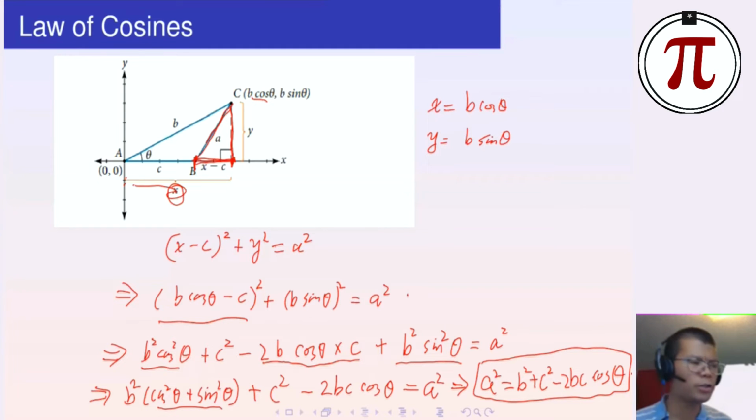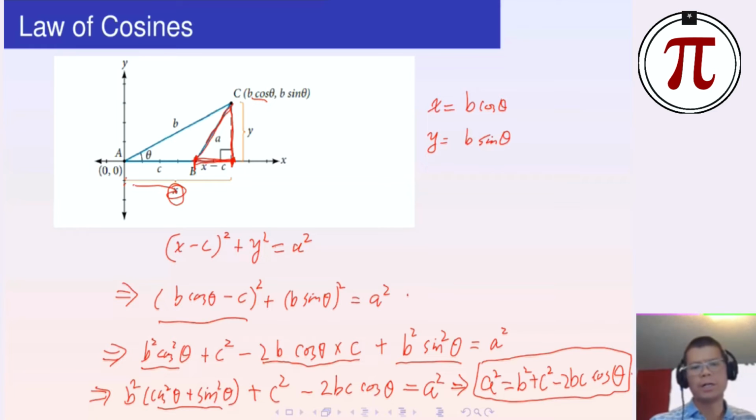So a squared equals b squared plus c squared, which are the two adjacent sides of this angle theta, minus 2bc times cosine of the angle between these two sides. So this is the result.